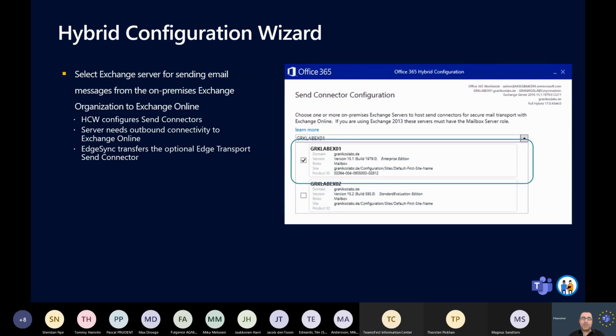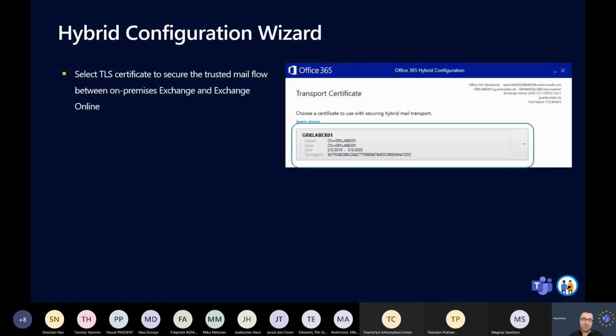After that, you have to select the service responsible for sending emails. The edge transport server is not listed in this case because the send connector for the edge service is synchronized using edge sync. So you do not have to select the edge servers separately when setting up the send connectors.